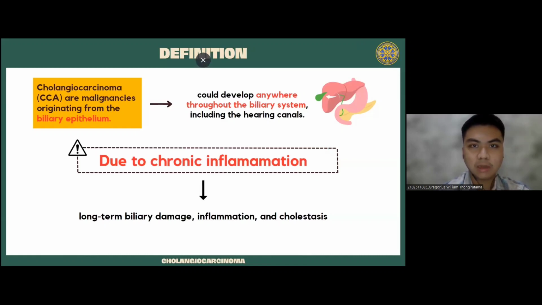CCA could progress as malignancies at the molecular level. They develop following long-term biliary damage, inflammation, and cholestasis. The molecular level of CCA development includes some processes, such as DNA methylation, histone modification, and microRNA dysregulation.